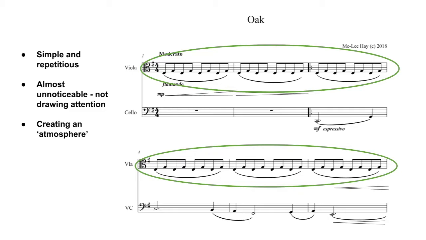You could even say, in the context of the poem that this piece is based on or inspired by, that this flautando line is kind of imitating the wind blowing through the oak tree.